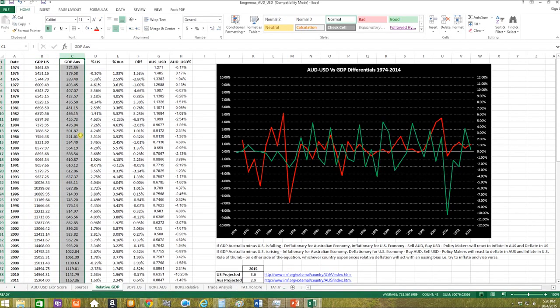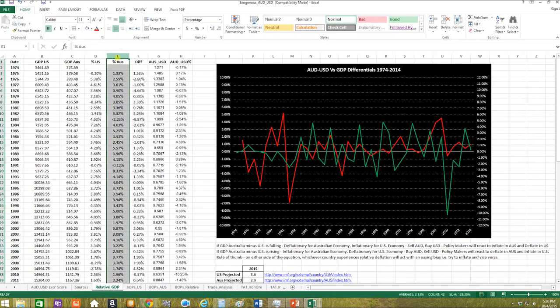In column C, we have the value of Australian GDP. In column D, we have the percentage change in US GDP year on year, so real GDP growth. We also have in column E, Australian percentage change in GDP, so real GDP growth in Australia. In column F, we have the differential between the real GDP growth rates.